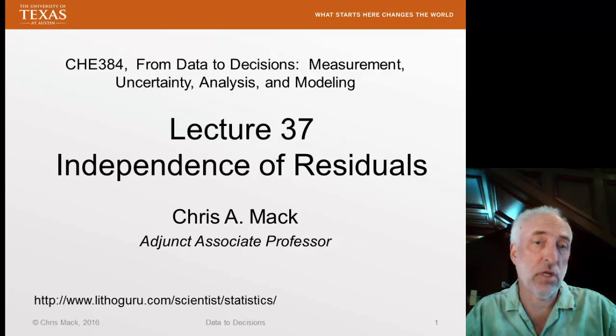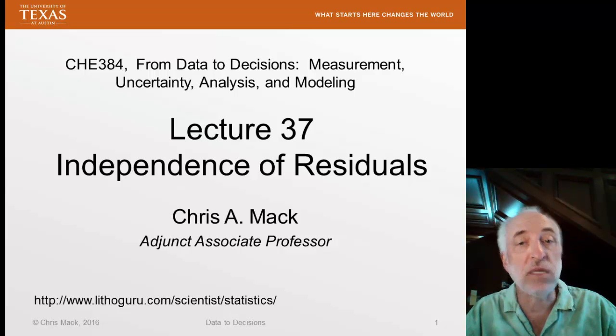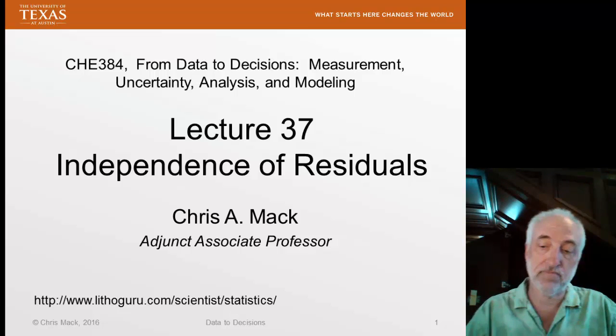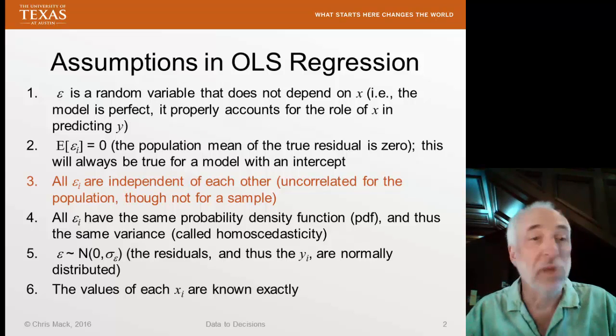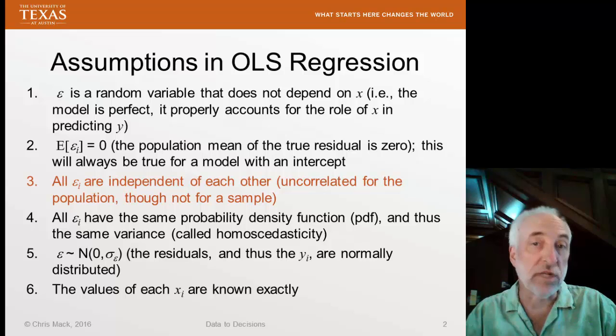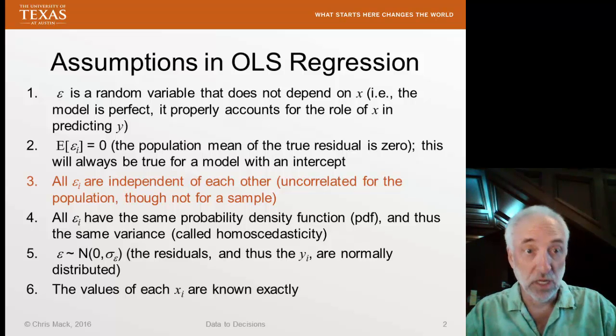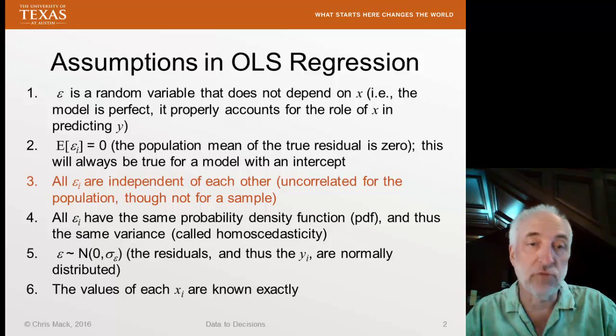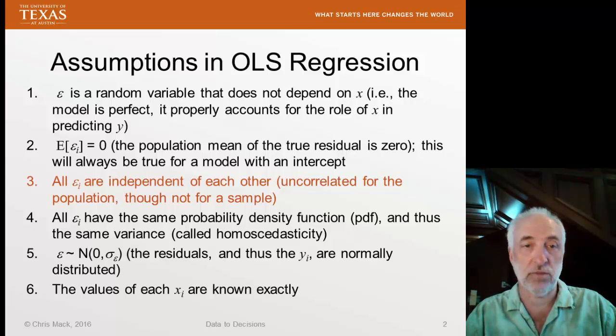In this lecture, as well as the next couple, we'll be on the topic of the independence of residuals. Going back to our list of 6 major assumptions in an ordinary least squares regression, number 3 on this particular list is that all of the residuals are independent of each other.